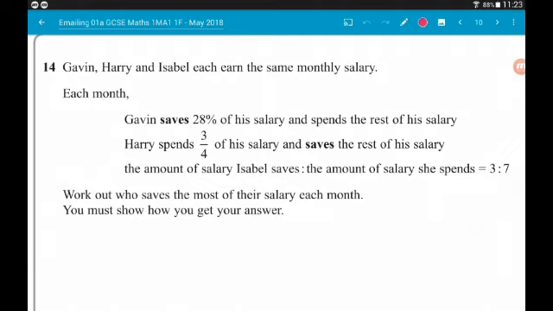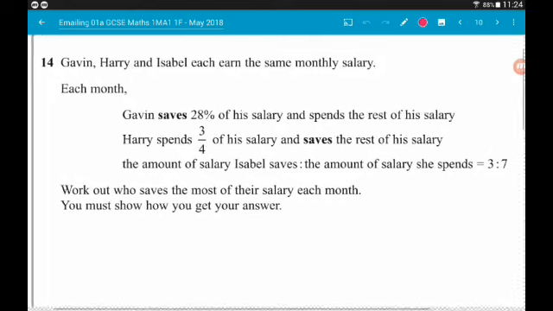We want to work out who saves the most of their salary. We must show how we get our answer. So what we need to do for each of these, we need to work out what proportion they each save, and in the same form, so all in a ratio or a percentage or a fraction, etc. So what I'm going to go for here is percentages.